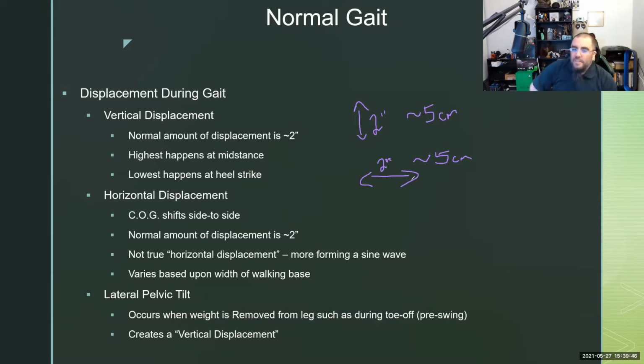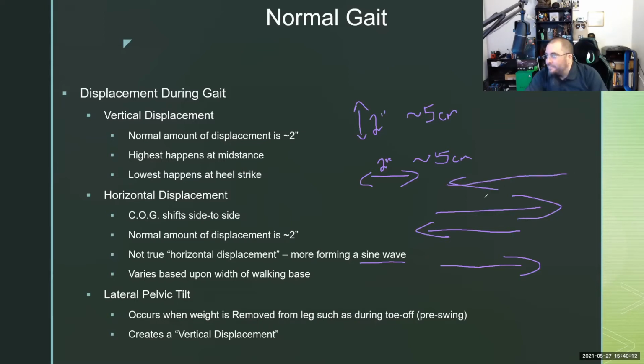Who do you think shifts side to side more, men or women? Women. Why? Your hips. Good. It all relates back to the hips. Remember, the hips don't lie. Now, when you move, it forms more of a sine wave. It's not truly like you're going right, and then you're going left, and then you're going right, and then you're going left.